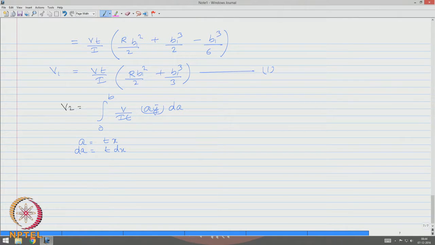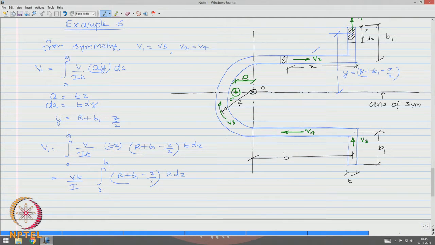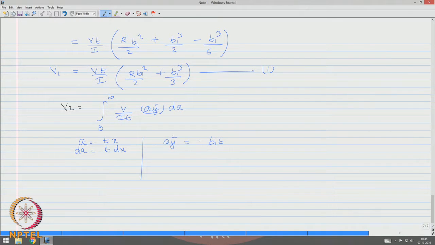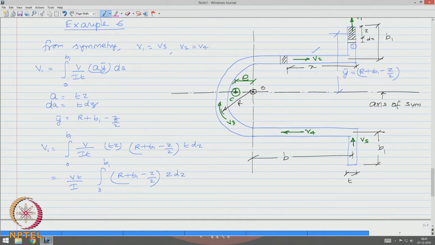That is for the strip. Now, for the external arm, A y bar can be straight away B 1 into T, that is for this arm. Let us say I call this arm as 1. For arm 1, B 1 into T into r plus B 1 by 2 is the y bar.